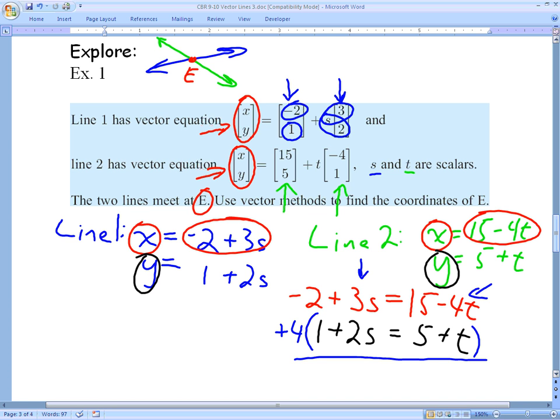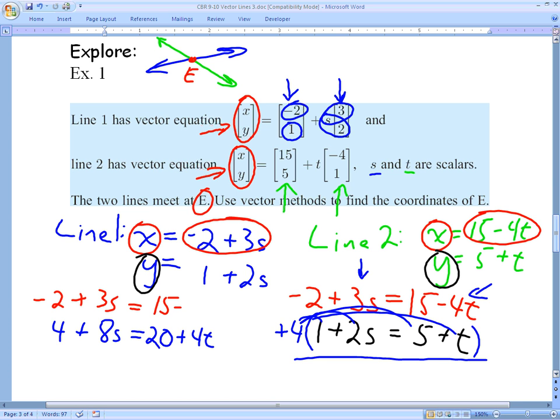So when I do that scalar multiplication, I will have 4 plus 8s equals 20 plus 4t. Again, that was just distributing this 4 to each and every one of those terms. I'll rewrite my red equation right above it, which was -2 plus 3s equals 15 minus 4t.